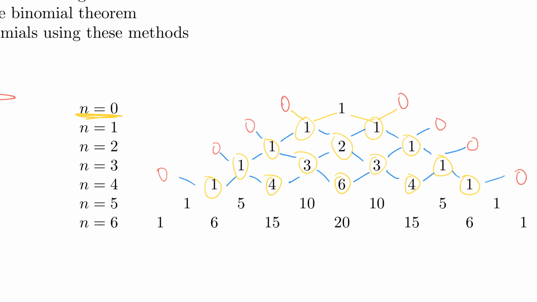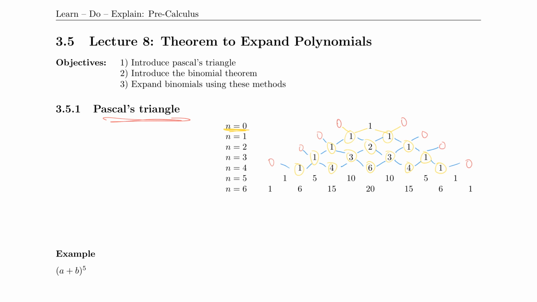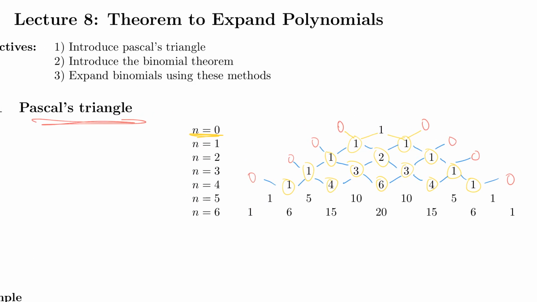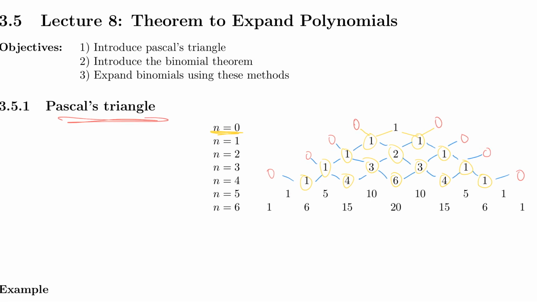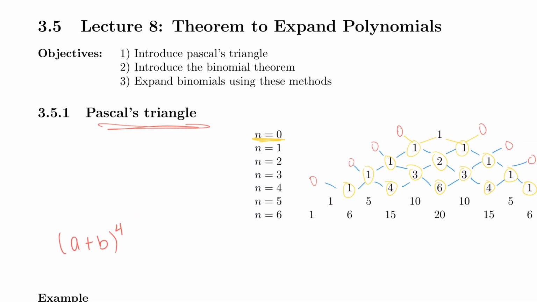Once you know how to build Pascal's triangle, the way we can expand a binomial using Pascal's triangle is as follows. Let's say that you have a binomial with the shape of a plus b to the power of 4. We have two options to solve this.